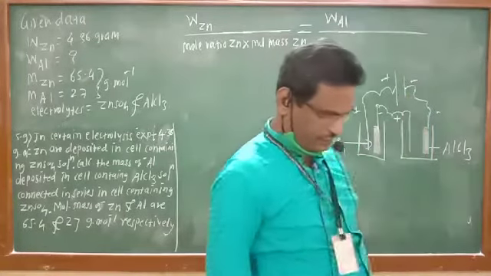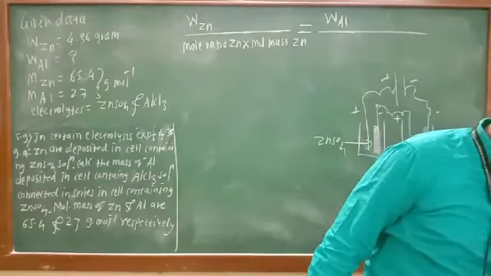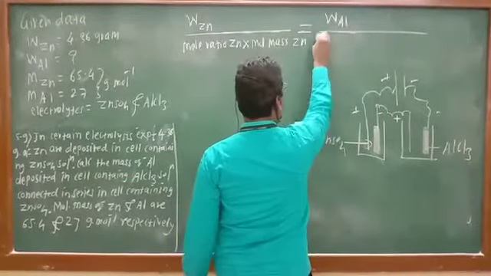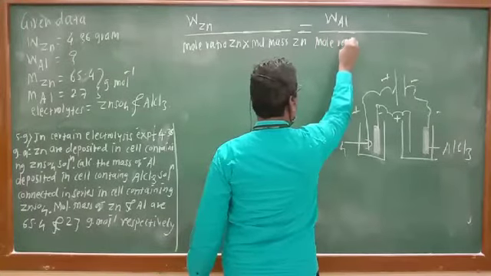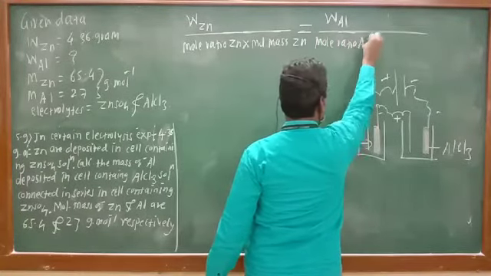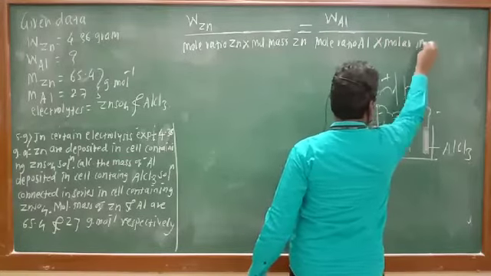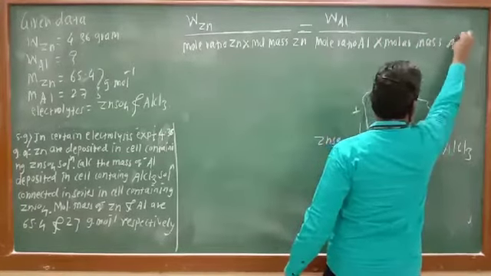This formula we have studied. Weight of aluminium upon mole ratio of aluminium multiplied by molar mass of aluminium.